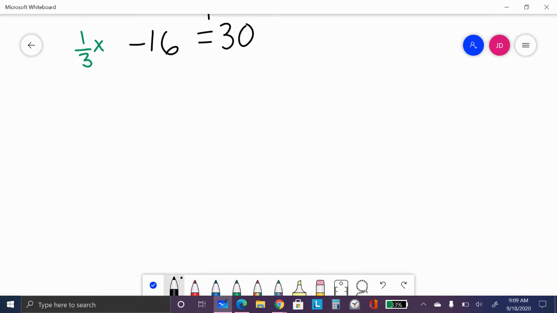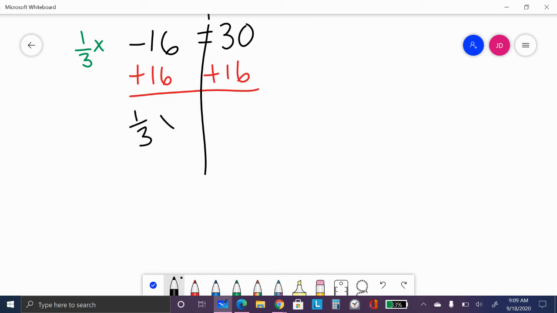All right. Add 16 to both sides. And we get 1/3 x equals 46.